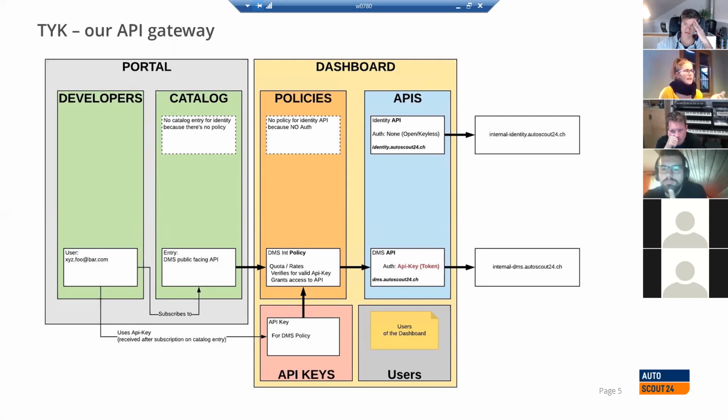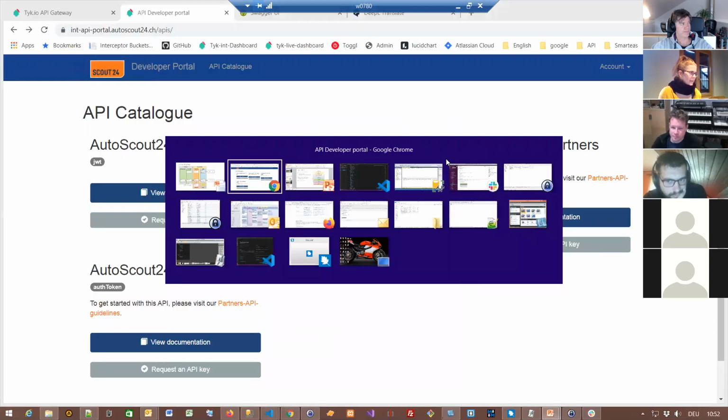At least they do not access it here. My question is connected: if a user who uses the DMS API can, with Tyke, access the identity server, which is only in the Flamat network, is it possible? Oh, how do they authorize? Is that the question? I'll show you how they authorize.